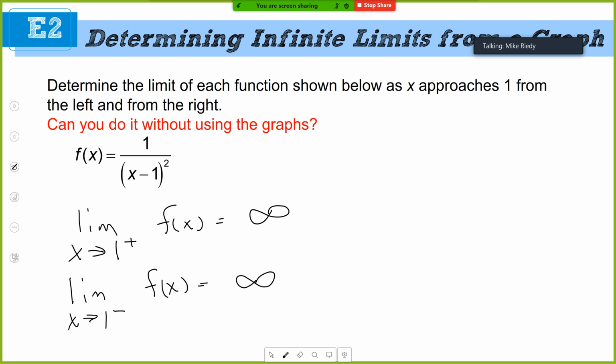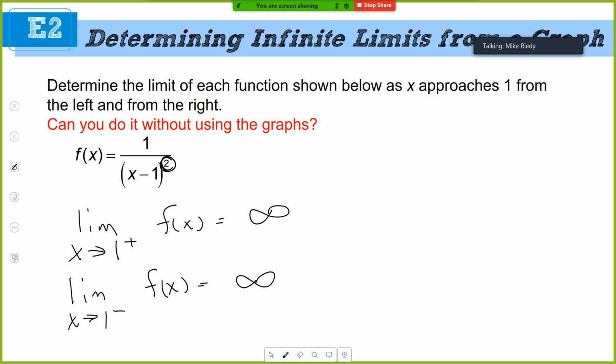Very nice. Have you heard the term multiplicity before? If you have, raise your hand. This little guy here is what's called the multiplicity of the denominator.